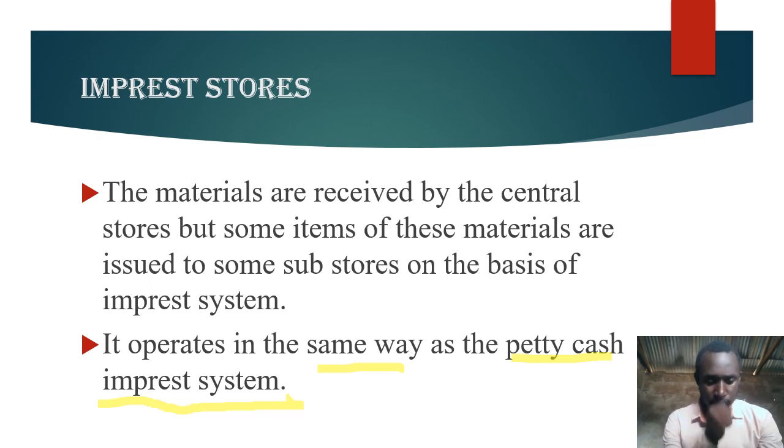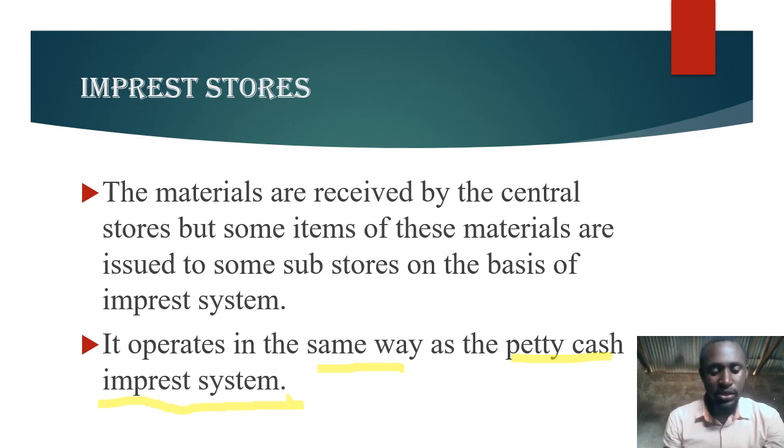For example, a specific quantity of each item of material is issued to the storekeeper of a specific department at the start of any period. At the end of this period, the storekeeper will inform about the number of items of any material used for production. This specific number of items will be replaced at the start of the next period.